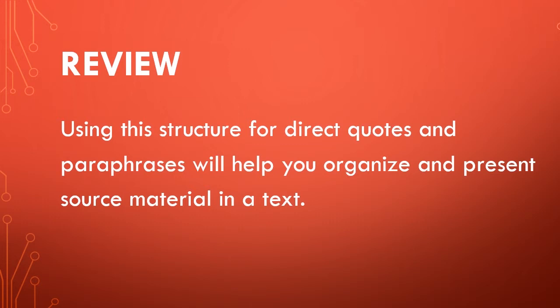So you would explain how this supports your thesis, your main point, your argument, whatever the case is. You then take this structure and follow it up with your own words. And the next time that you go to add another source or another paraphrase or quote, you just follow these steps again. You provide attribution, you give the information, and you follow it with an explanation.